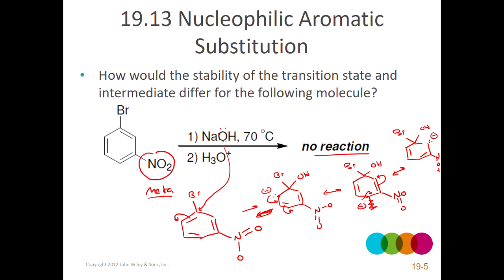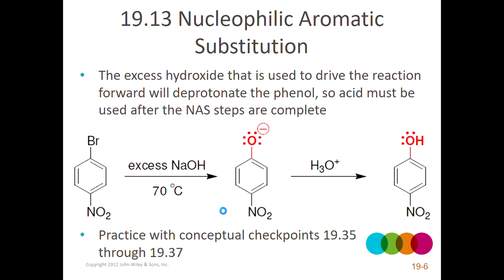That makes a huge difference in how stable it is during the intermediate and during the transition state where the OH is attacking. And so we can't get up to this much higher energy, less stable structure with the same amount of energy that we could get to the more stable structure. So we need the nitro group to be ortho or para to the leaving group.